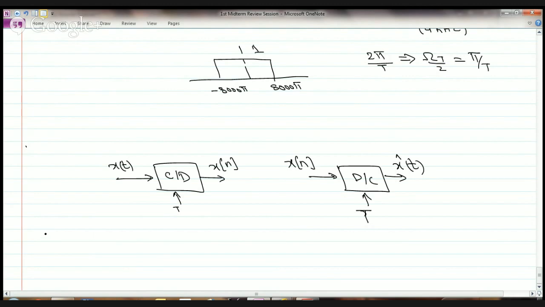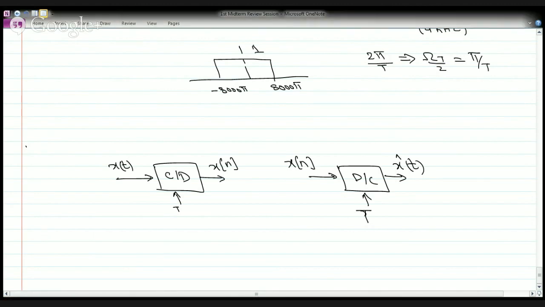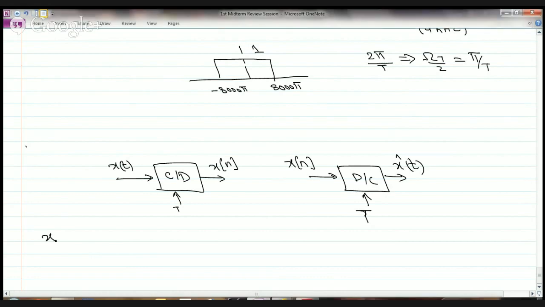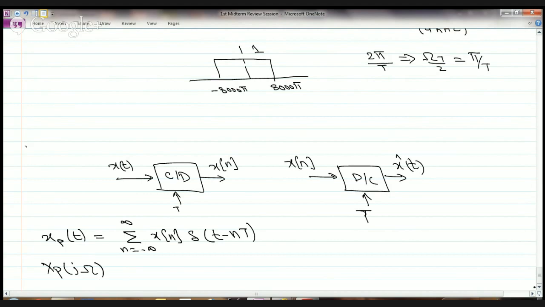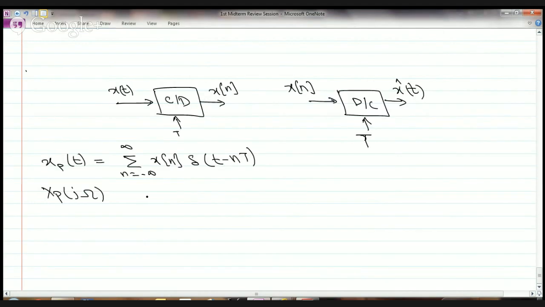And the first question we are asked is, what is Xp of j omega? We define xp of t as the summation of n from minus infinity to infinity of x[n] delta of t minus nT, and you are asked what is Xp of j omega. Now this is something that we have done many times in the class.